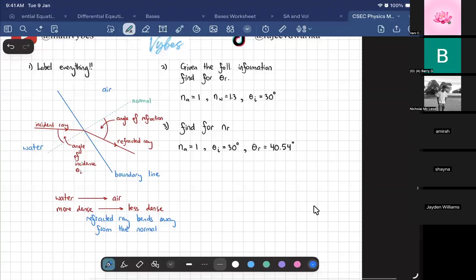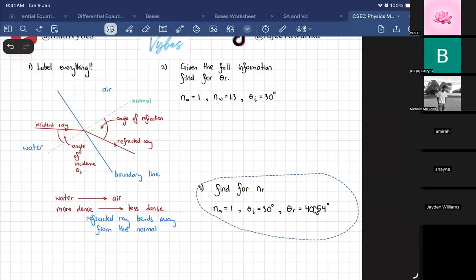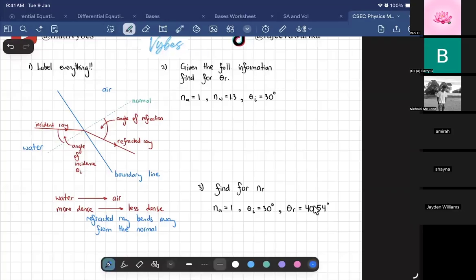All right. Since I'm going from water to air, which formula should I use? Guys, what's the formula I should use here?